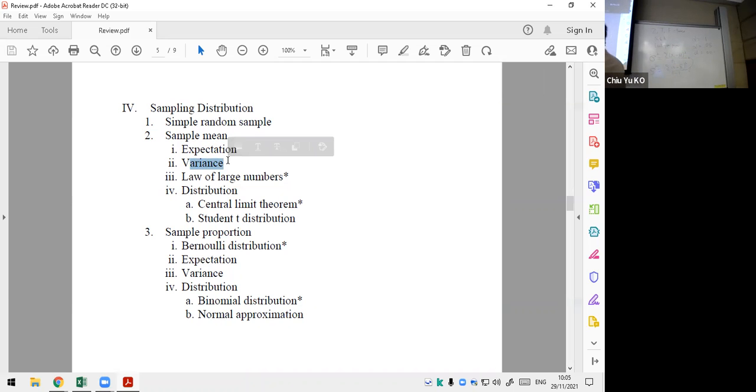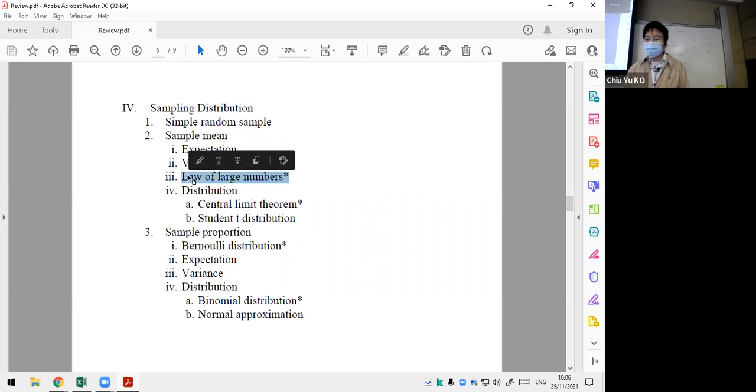And the expectation of the sample mean is indeed the same as the population mean, but the variance is inversely proportional to the sample size, right? So if the population variance is sigma square, this will be sigma square over n, right? The bigger the sample size, the smaller the variance, okay?